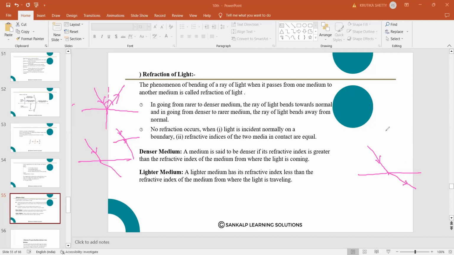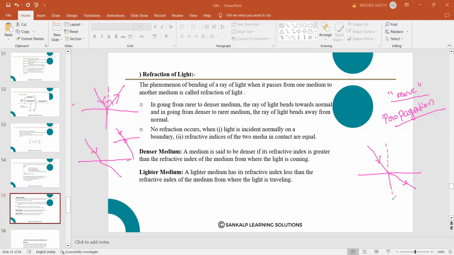We use the word propagation instead of the word move. When the ray of light is incident on the surface and changes the direction of propagation, it is called refraction of light.